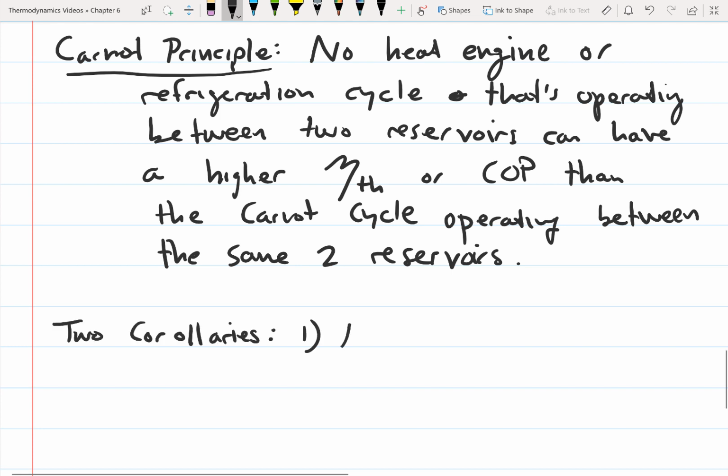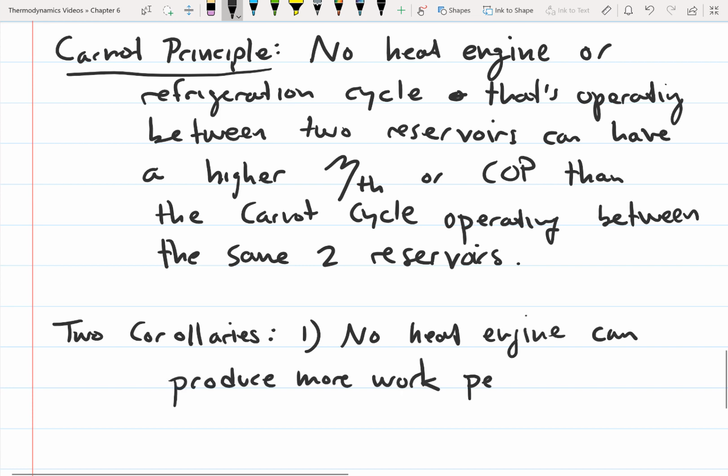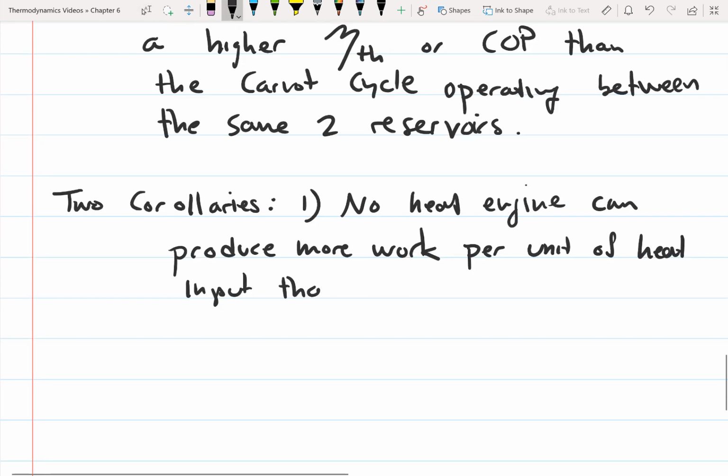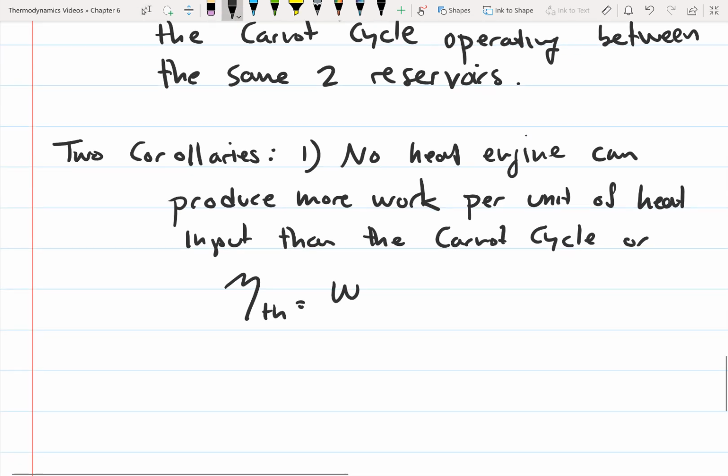Our first one, so no heat engine can produce more work per unit of heat input than the Carnot cycle. Or, if we write down the equation for the thermal efficiency, the thermal efficiency is equal to the net work out, so what we want, over what we have to put in. And we're putting in QH. And so basically the Carnot engine is going to produce more work per unit of heat input than any other heat engine.